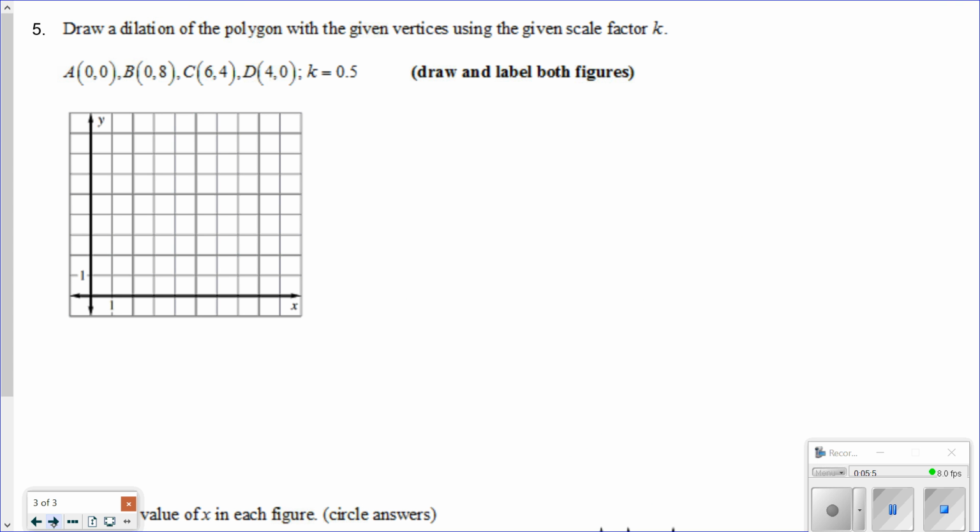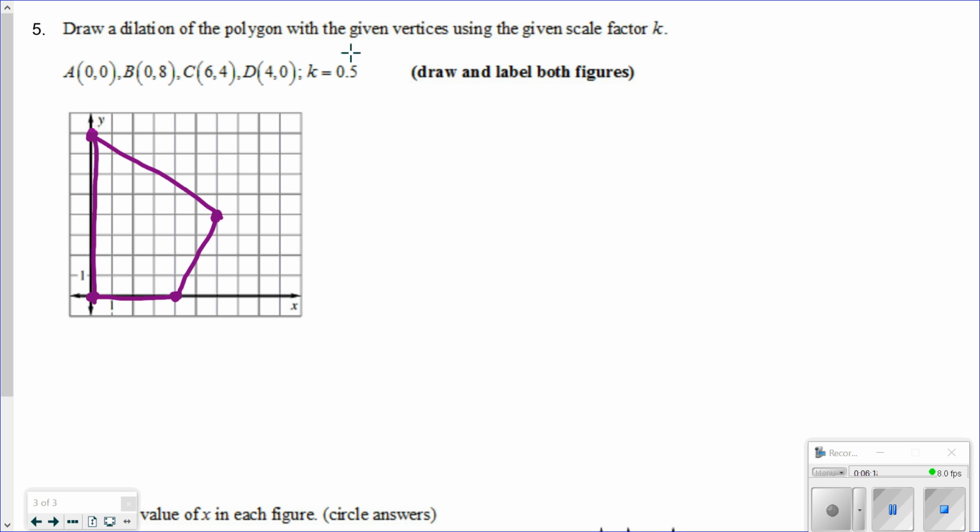Draw a dilation of the polygon with the given vertices using the given scale factor k. So we have A is equal to (0, 0), B is equal to (0, 8), C is equal to (6, 4), D is equal to (4, 0). And we know our scale factor is 0.5. First, I'm going to draw my polygon using the given coordinates. So here's my polygon.